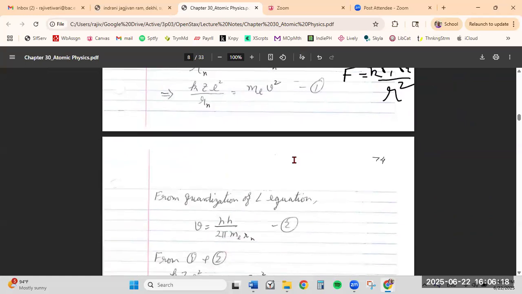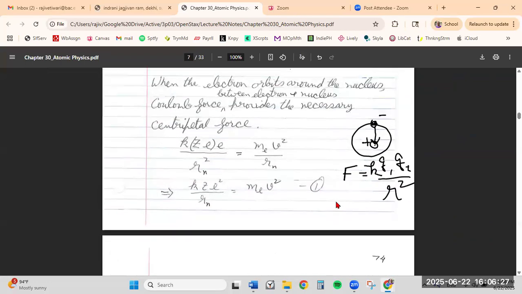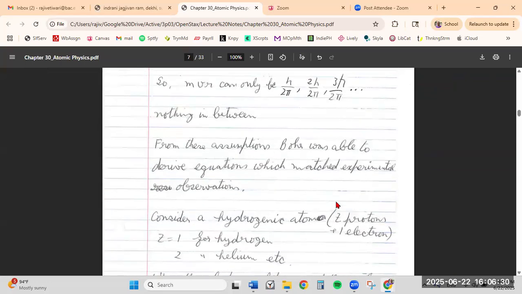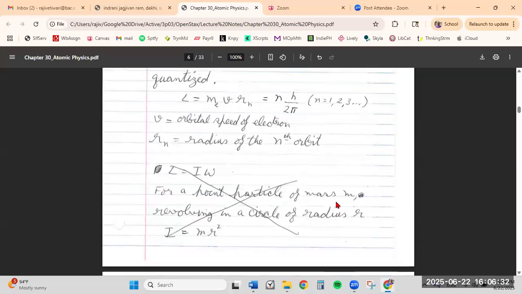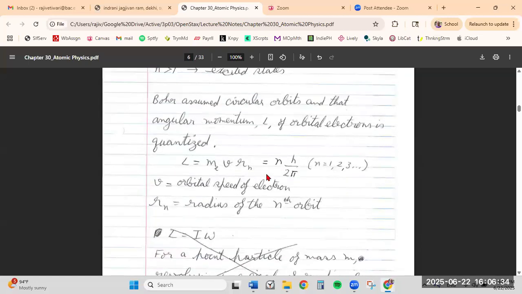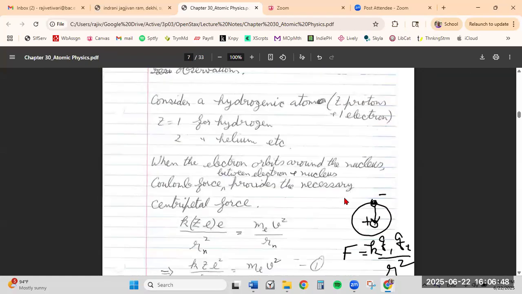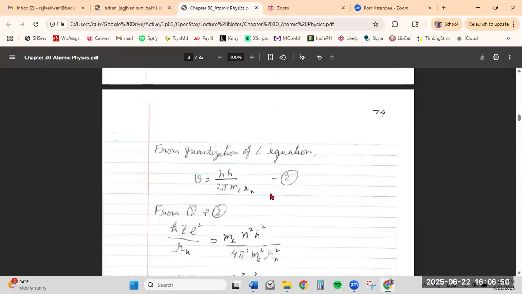And then from the quantization of angular momentum equation, v is nh over 2 pi me rn. This is the quantization of angular momentum equation: L equals, or mvr equals nh over 2 pi. So if you divide both sides by me times rn, you get this equation.